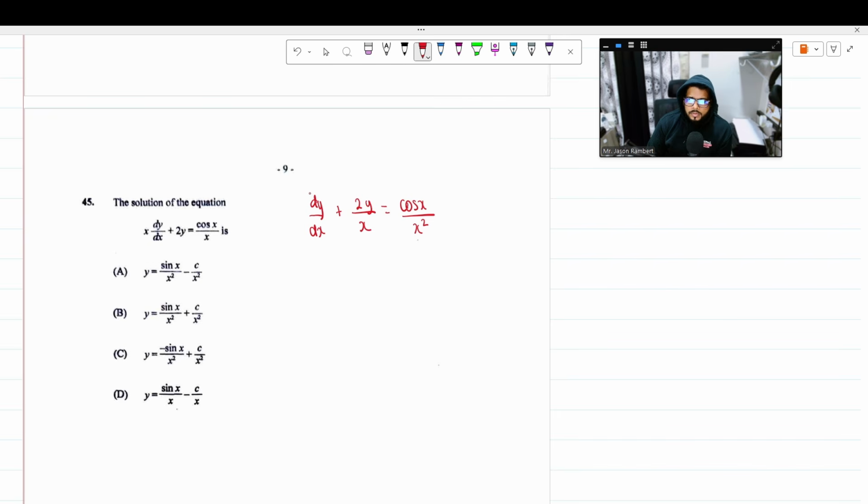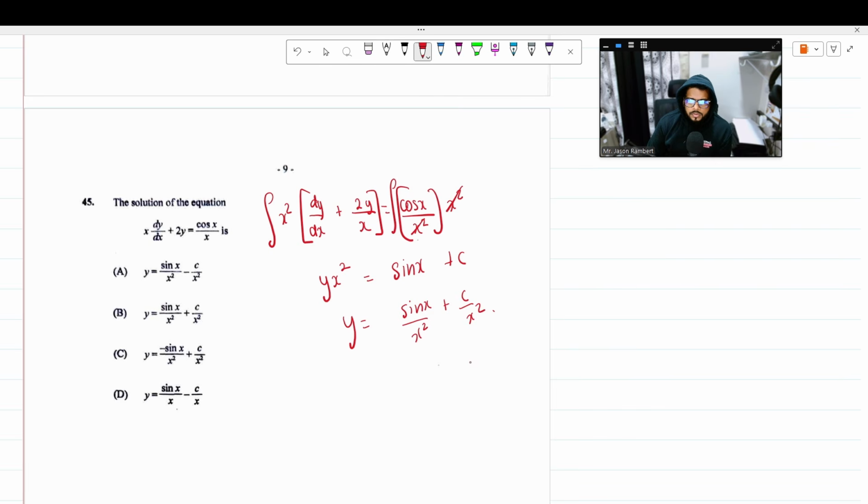So when you multiply both sides by the integrating factor and integrate both sides, this becomes the integrating factor multiplied by y. I integrate cosine x, I get sine x. So y is equal to sine x over x squared plus c over x squared. The answer is B.